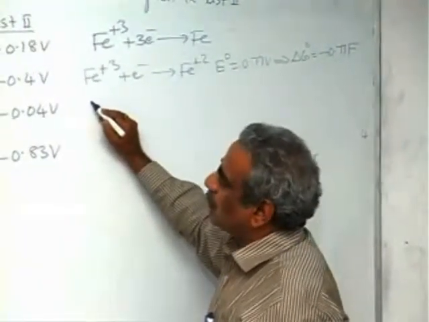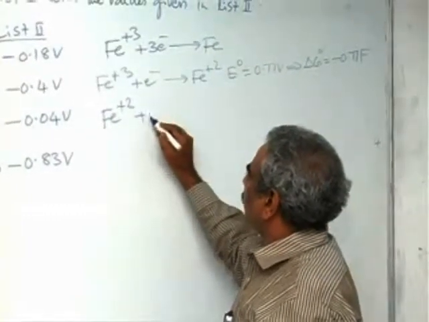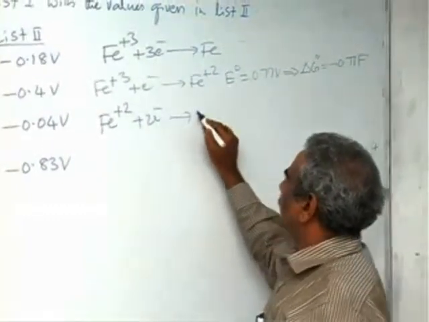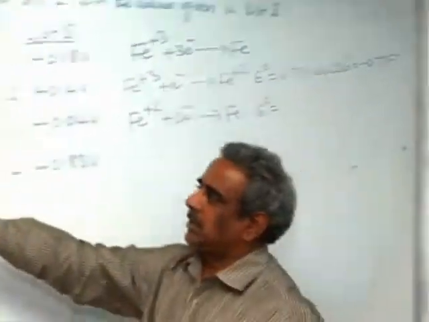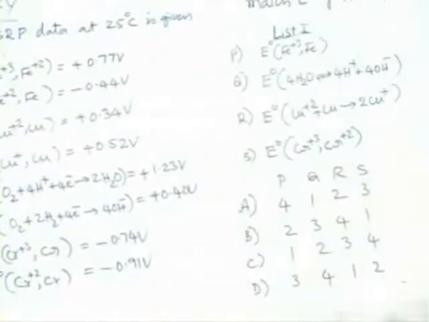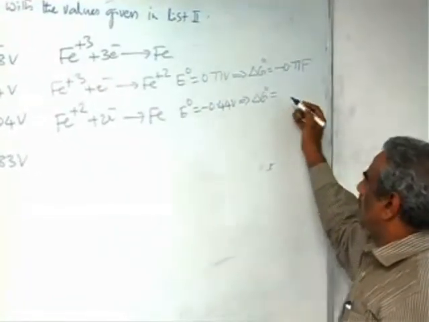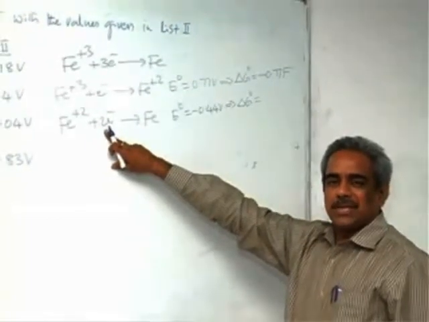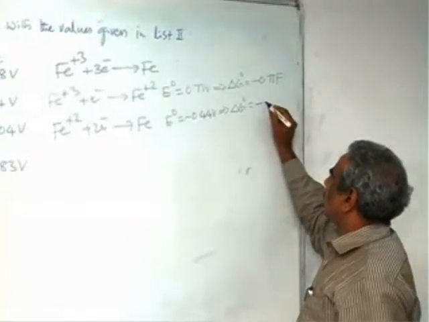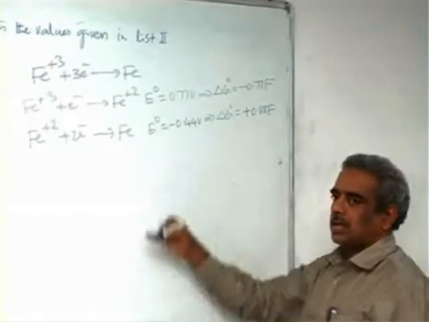Therefore, the other equation involved would be iron plus 2 electrons giving iron. E naught is given as minus 0.44 volts, for which delta G naught would be, because 2 electrons are involved, as per minus nFE naught, plus 0.88 farads.